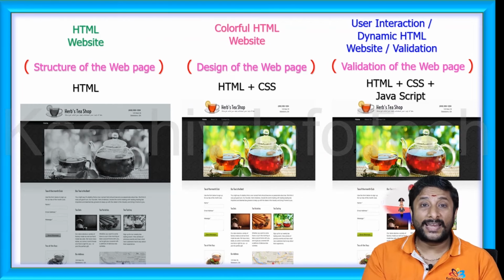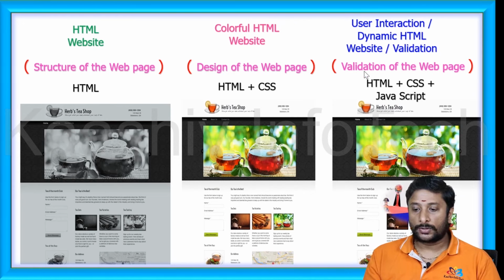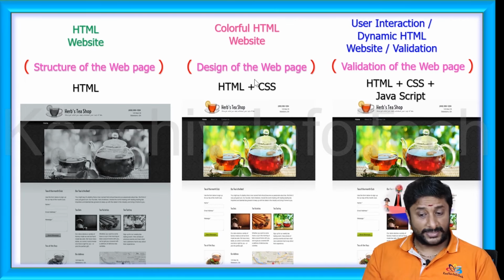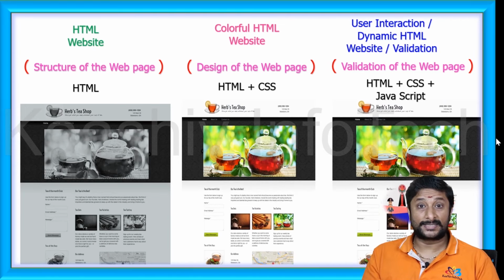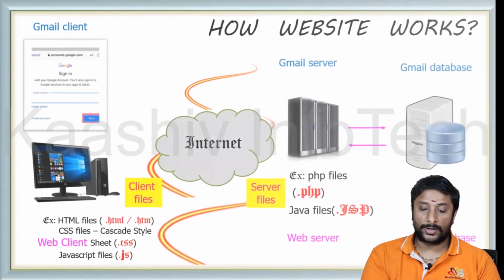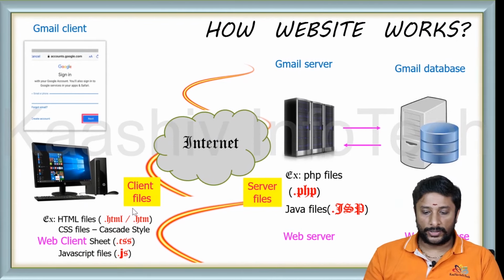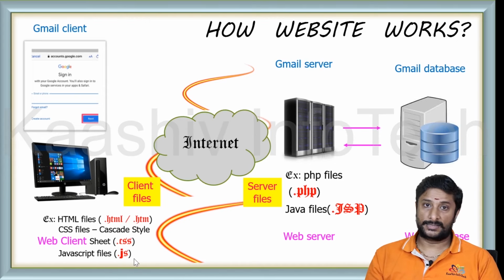I want to do some validation and give dynamic content, so for the validations of the web page you have JavaScript. You have HTML with CSS and JavaScript. This is how the technology comes, and these files are called client files, the files which get loaded for the end user.